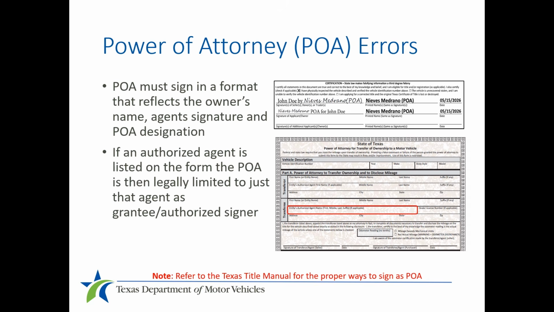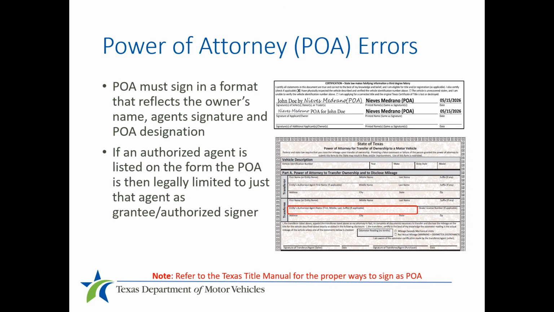Another important detail involves the VTR 271A, which is the Secure Power of Attorney form. This form includes a section where an entity can list an authorized agent's name. That field is optional. However, once a specific individual is listed, the authority becomes limited to that person only.